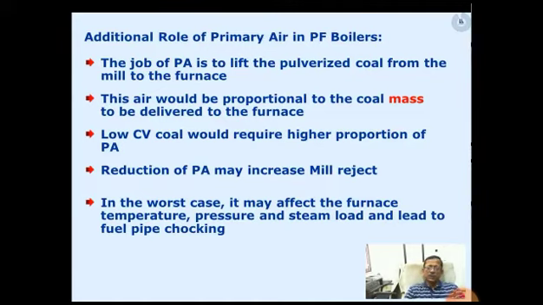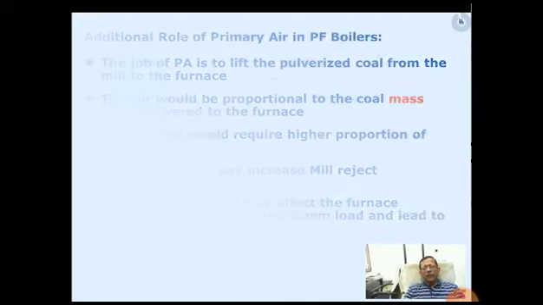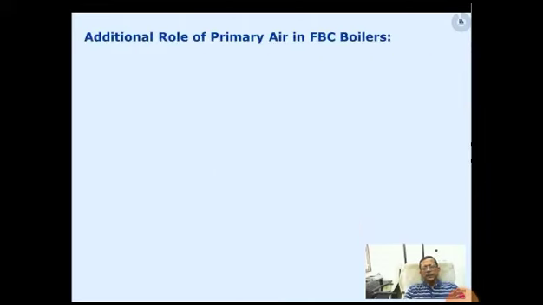And in the worst case, it can also create fuel pipe choking, right? It will start with a reduction of furnace temperature and steam pressure, and in the worst case, it may lead to fuel pipe choking.